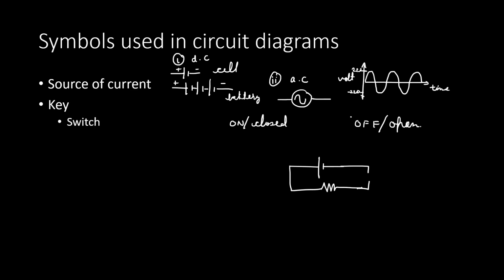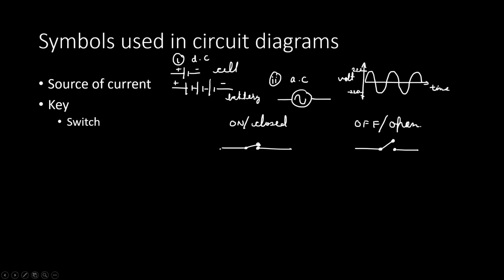That means the circuit is as good as off. And when everything is closed, then the current will flow. So that is called closed or the circuit is on. So you need to get used to these words. The circuit is closed, that means the current will flow. When the circuit is open, the current will not flow.